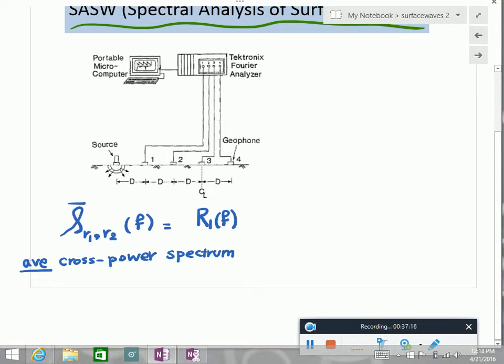So this R stands for receiver: R1, R2, R3, R4. This is the frequency spectrum of the first receiver, and we multiply this by the frequency spectrum of the second receiver, but conjugate. So this is the frequency representation of cross-correlation. The reason is you want to get the velocity of each frequency component. So we do everything in frequency domain instead of time domain.